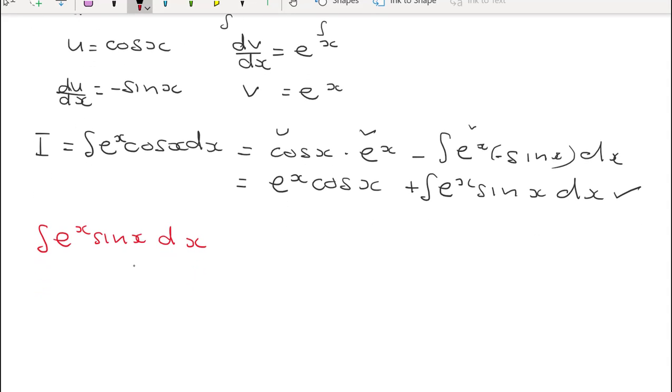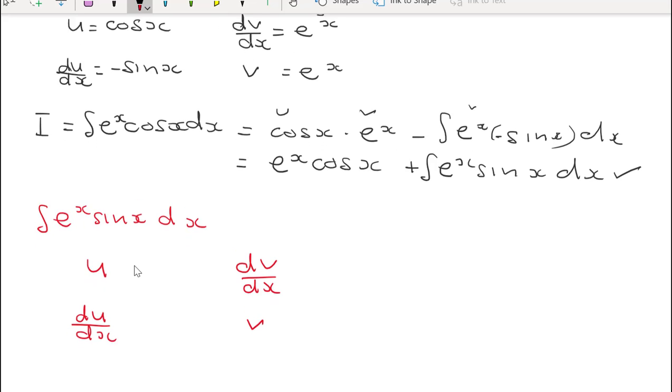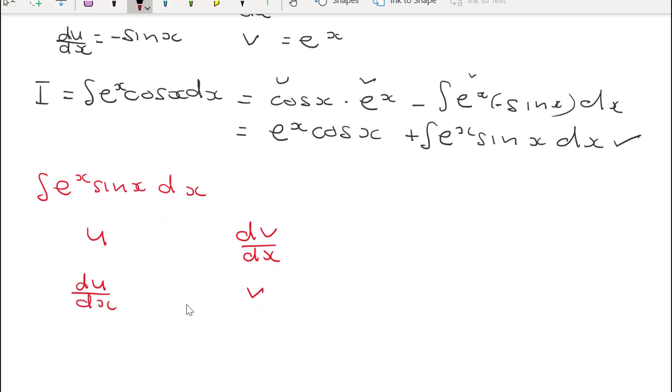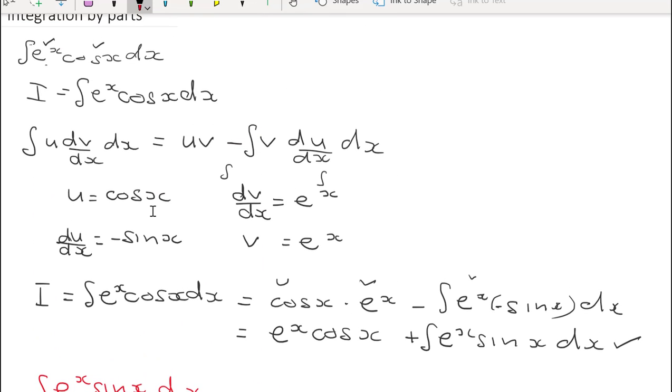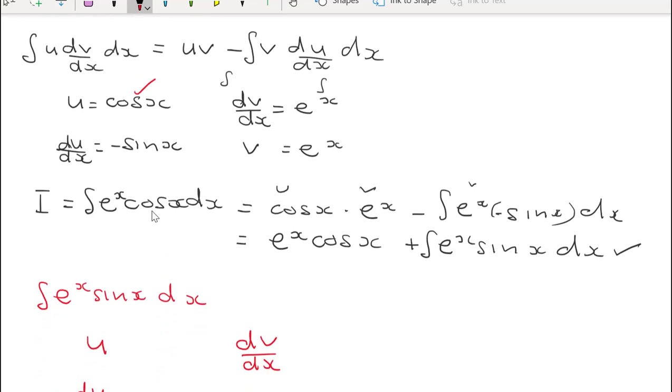And now we have u, dv by dx, du by dx, and v. Here we need to be very careful, because whatever type of function we chose for u up here, we need to choose the same type of function down here.